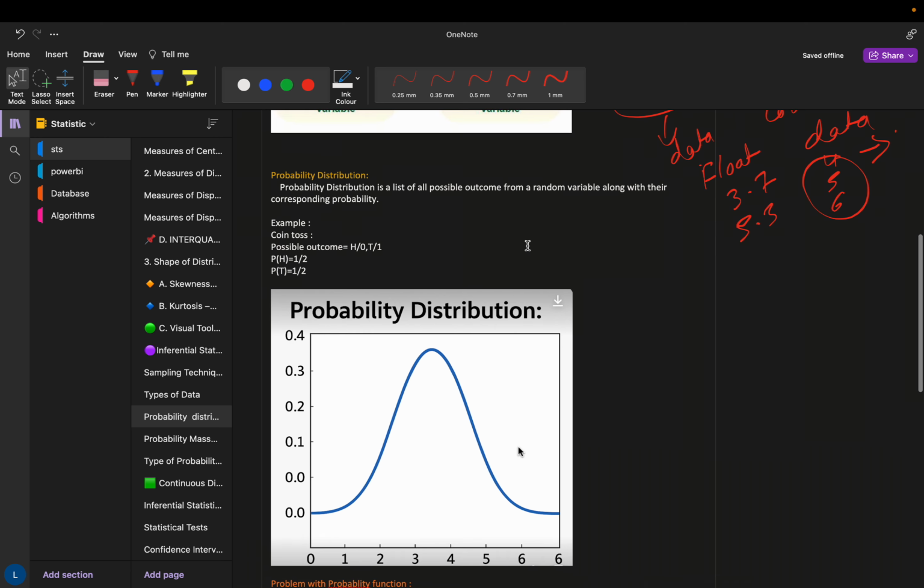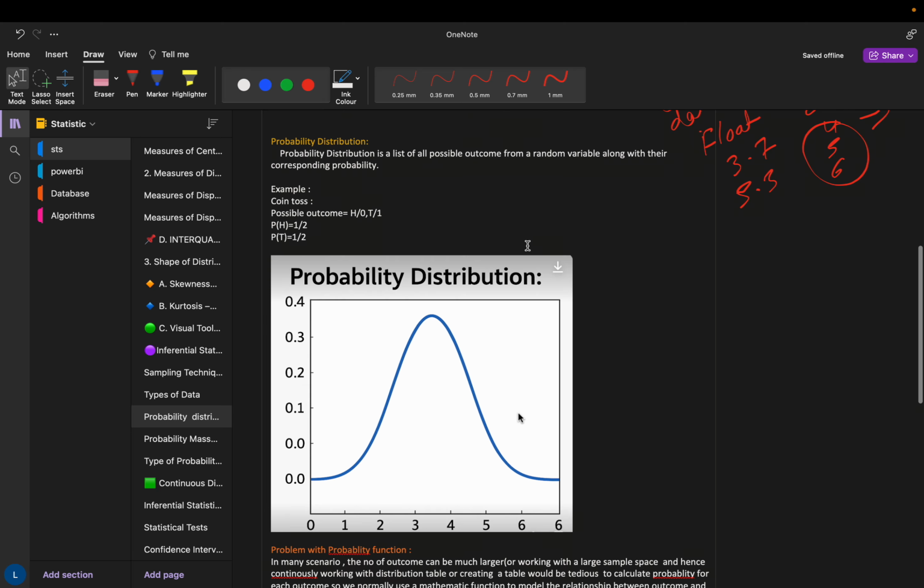Now, speaking about probability distribution, what is this probability distribution exactly? Just imagine I have done one experiment where I am throwing my dice, for 5 times or 6 times.